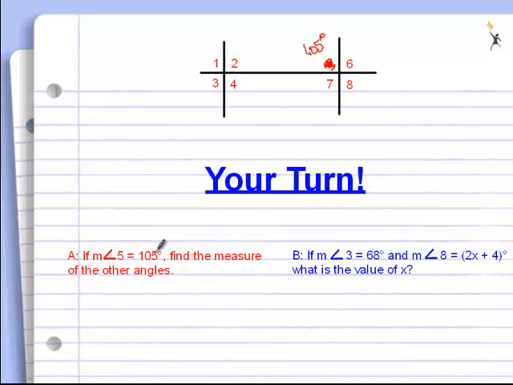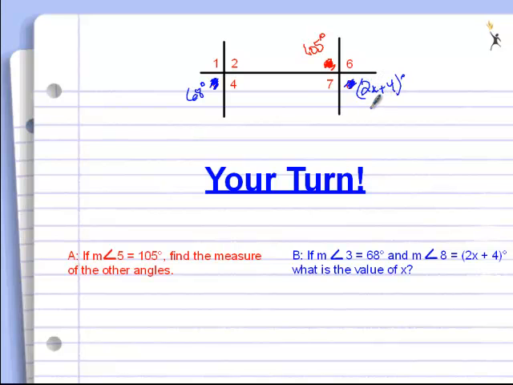That's pretty tough. Then we're told in letter B that if angle 3 is 68 degrees and angle 8 is 2x plus 4 degrees, they want us to find the value of x.